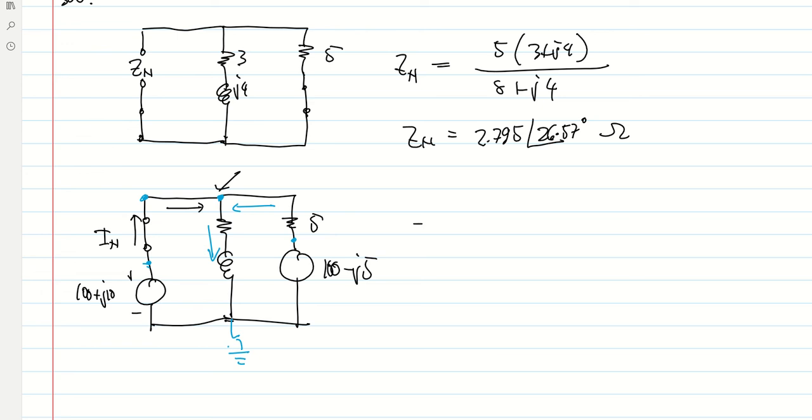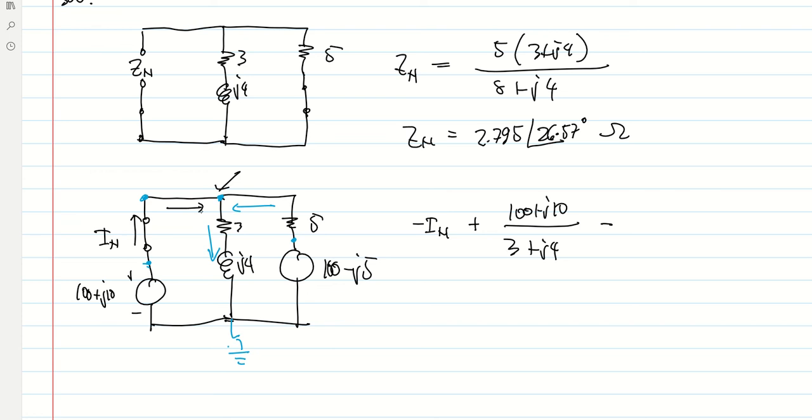So entering negative IN, then we have the current going here, so that's plus. And that's just equal to the voltage here, which is 100 plus J10, all over the impedance, which is 3 plus J4. Then for this current, it should be minus, since it's entering.